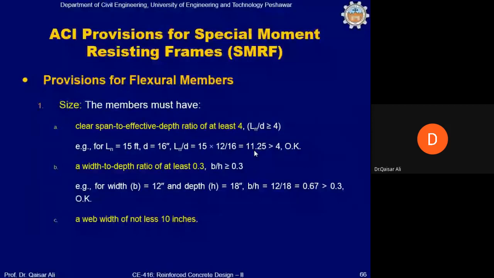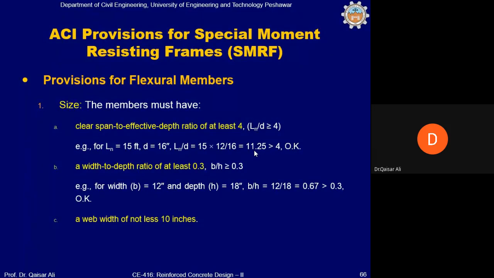So this is not okay, which means that for very short span beams, the depth of the beam shall be kept such that the L to d ratio is more than 4. This provision has been kept by the ACI code for the reason that the ACI code wants to make sure that the beam does not fail in shear, but fails in flexure.